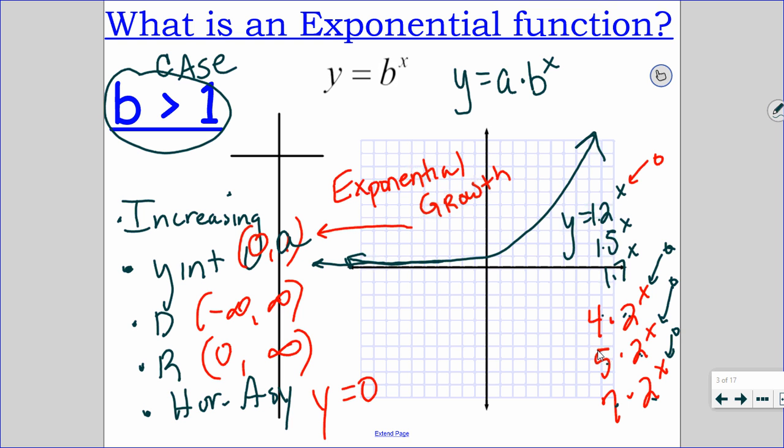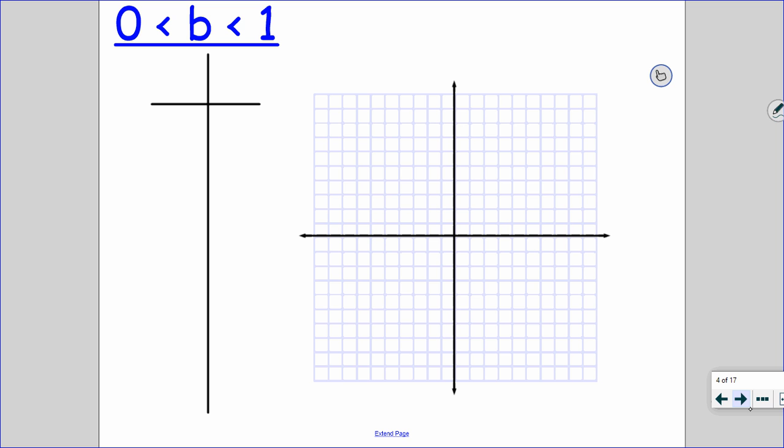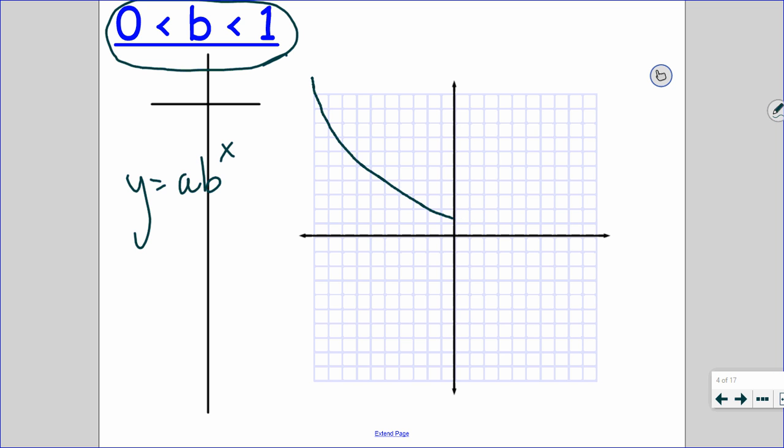Right? All right. What's going to change if I do case 2, where B is in between 0 and 1? This time, let's write it in its true form, A times B to the x. So I'm going to draw a model of it. Here's a model of it. So same deal.